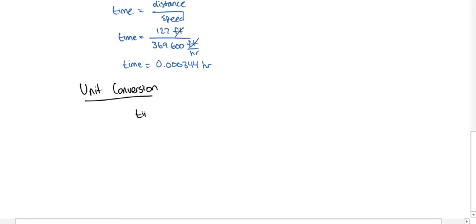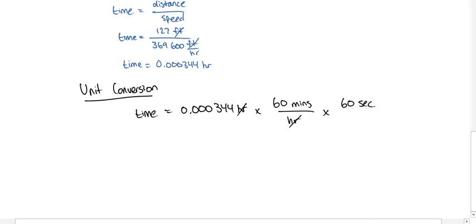So time is 0.000344 hours. I know there's 60 minutes in an hour, so I'm going to multiply this by 60 minutes per hour. My hours will cancel out, and that will leave me an answer in minutes, but that's still not enough. I also know 60 seconds a minute.